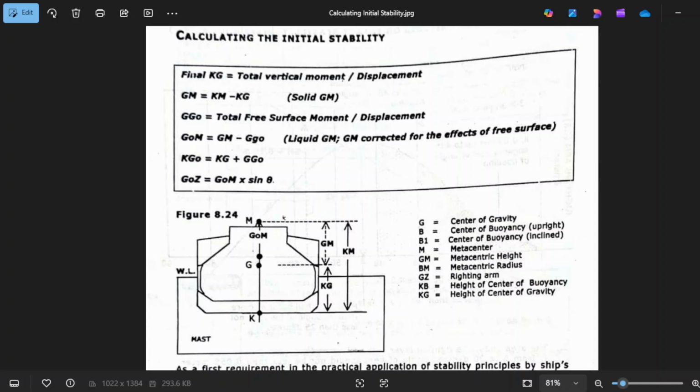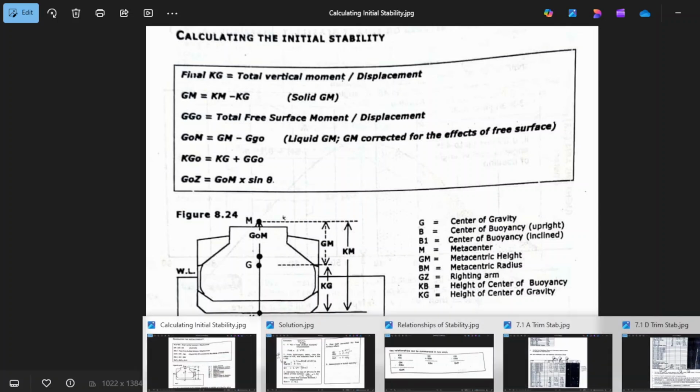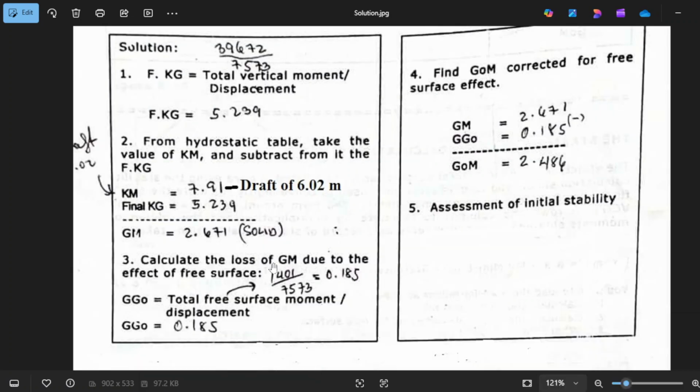Then the next one would be the formulas, how to find the KG and how to find the GM. You have to get first your KM from the draft or hydrostatic table. Then you have to calculate for your GGO, which is free surface moment over displacement.